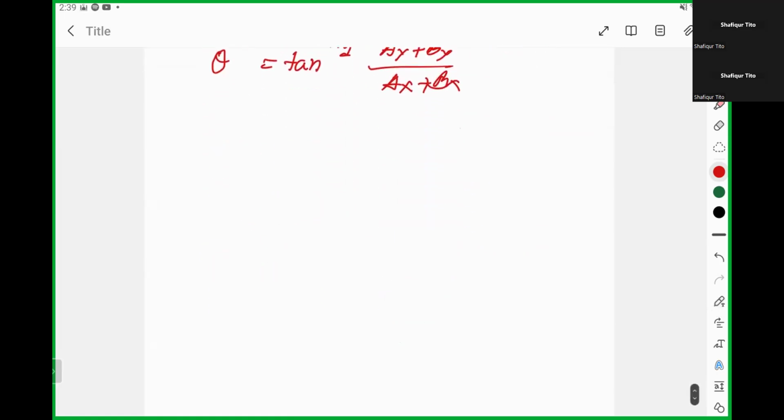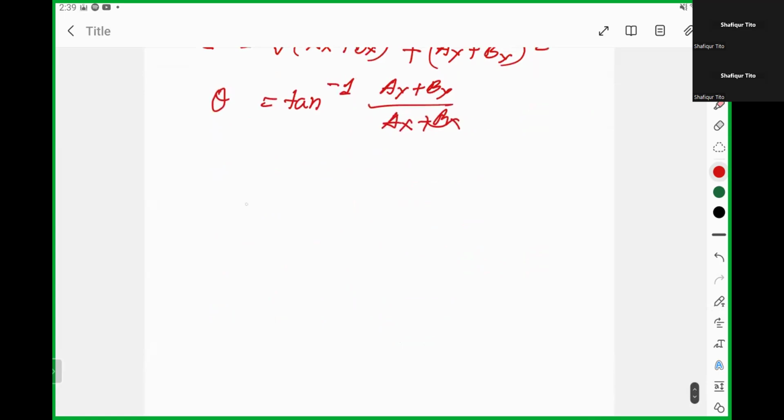So I can write this down. Ax, I can write equal to: A is a vector making an angle of theta, that can be written as A cos theta plus A sine theta, right?